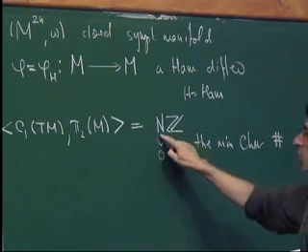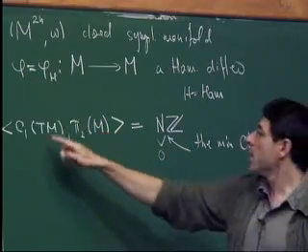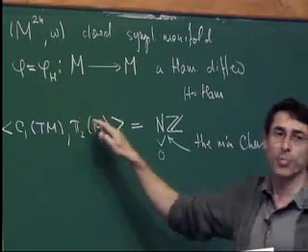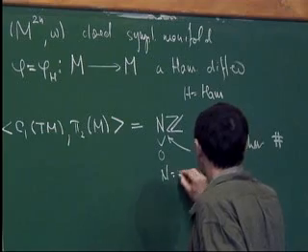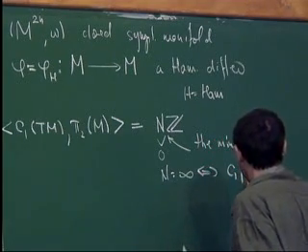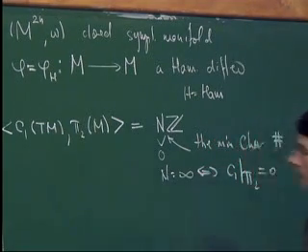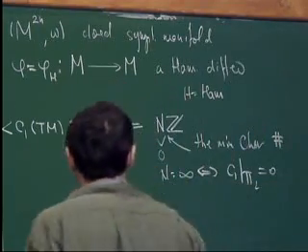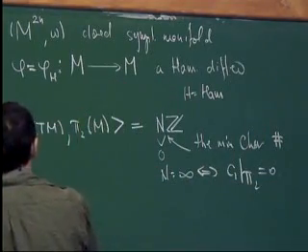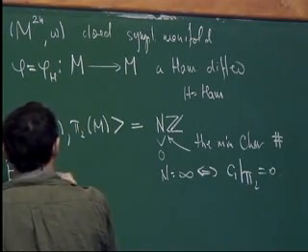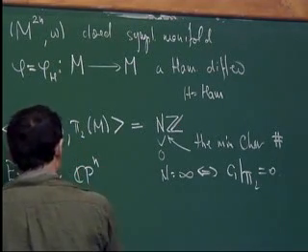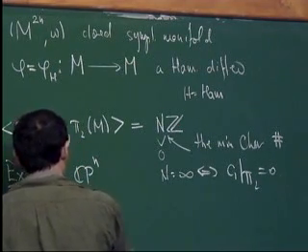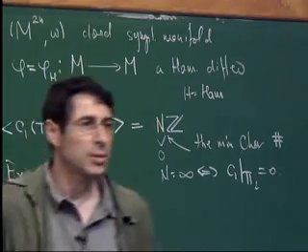If the group is 0, in other words, if c_1 is 0 on pi_2, we set N to be infinity. For instance, when the manifold is the projective space CP^n of complex dimension n, the minimal Chern number is equal to n plus 1.